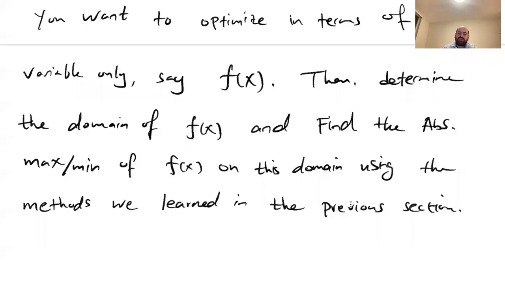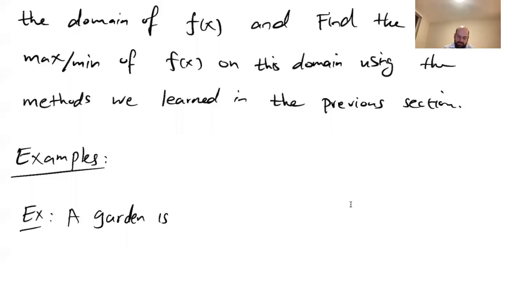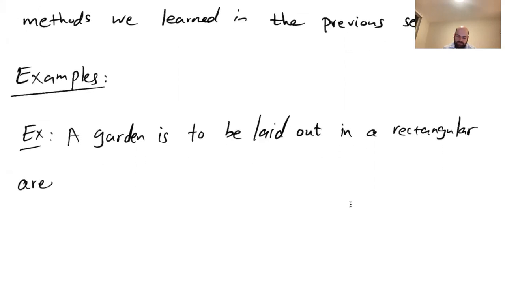So let's start with a simple example. Example: a garden is to be laid out in a rectangular area and protected by wire fence.